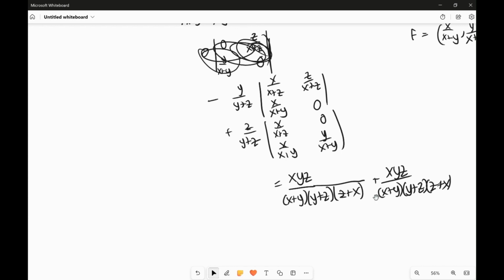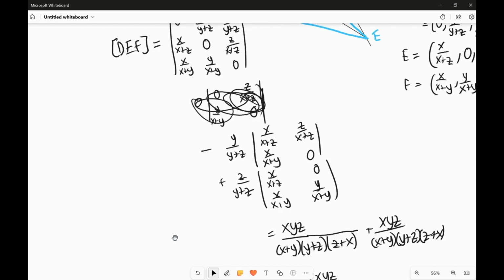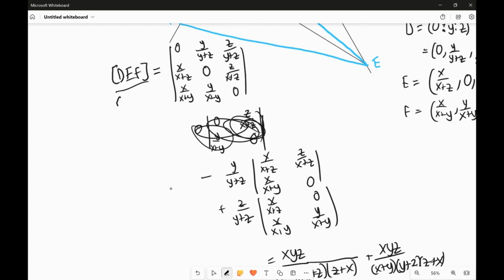So we end up getting 2xyz over (x plus y)(y plus z)(z plus x). And this is a ratio over ABC.